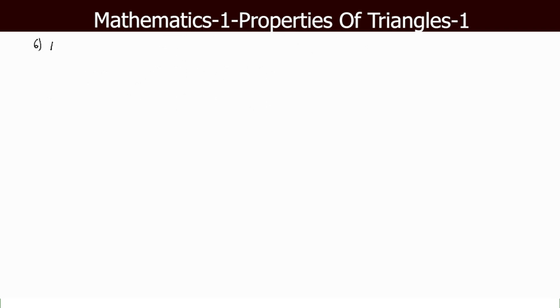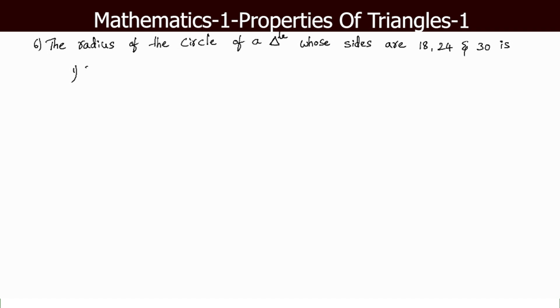Problem 6. The radius of the incircle of a triangle whose sides are 18, 24, 30 is: 1. 2, 2. 3, 3. 6, 4. 9. And you know that in-radius small r is equal to delta by s, where delta is the area and s is the semi-perimeter. So here s is equal to a plus b plus c by 2, that means 18 plus 24 plus 30 by 2, which is equal to 36.